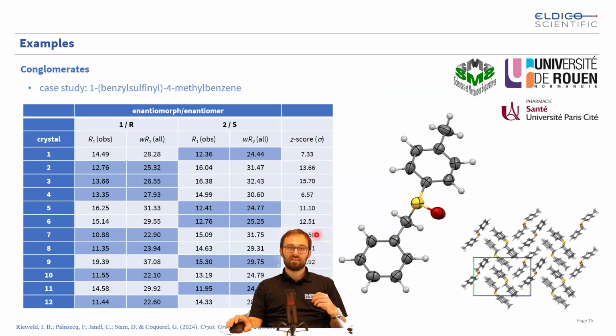So we can see a very high figure of merit for each individual absolute structure determination. And these absolute structure determinations produce different enantiomorphs, basically proving that we have both forms present in the sample, and therefore we have identified it as a conglomerate.